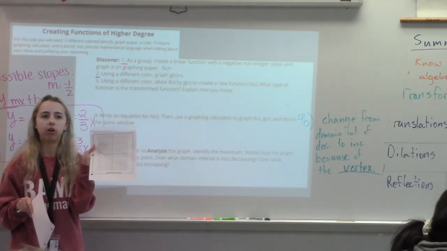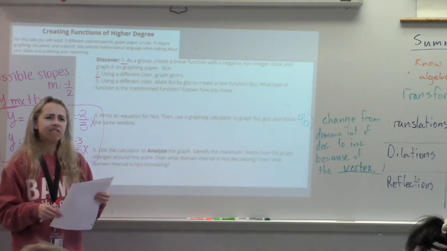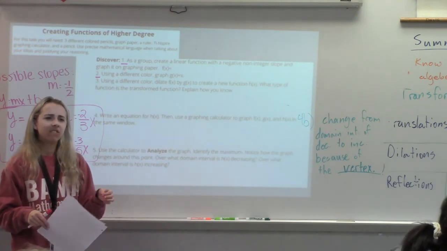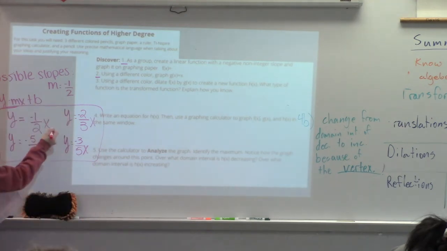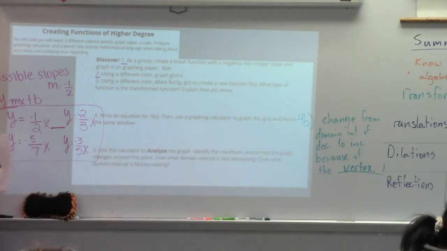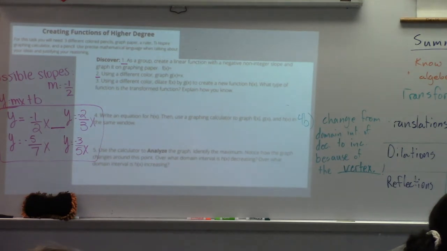You can make a table. Did you want them to have a y-intercept other than 0? I think it would help with this lesson. So for number 1, when you're creating your own, do you want to give them a range of values to choose from for that? I didn't think about that. You need a multiple of the denominator? No, a multiple of the numerator would be my suggestion.